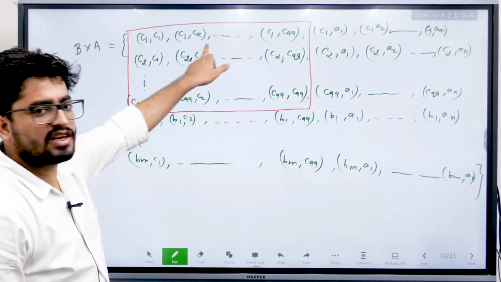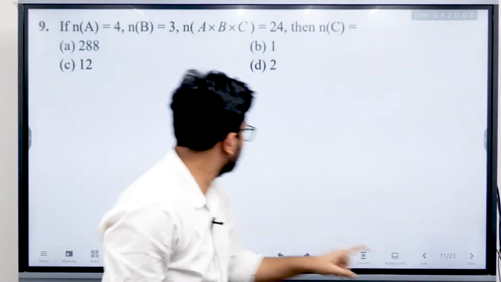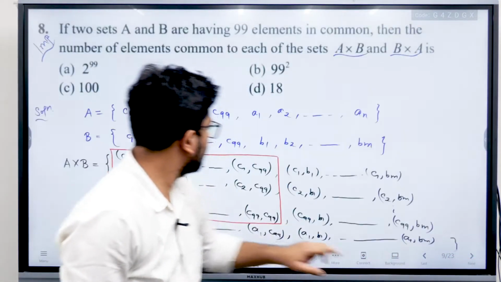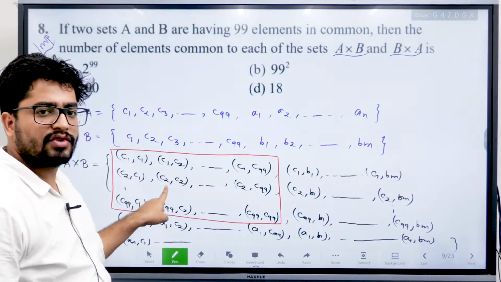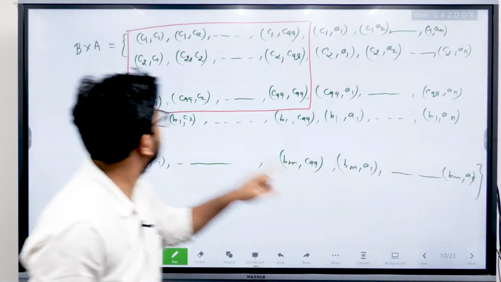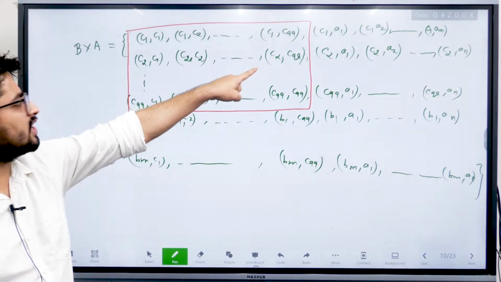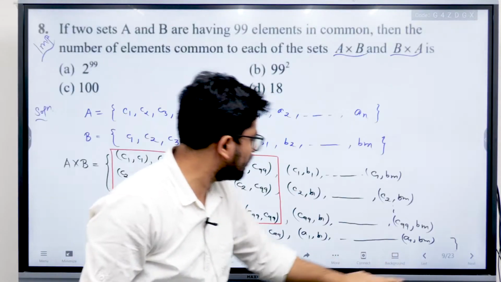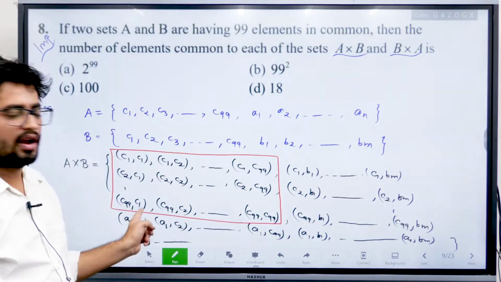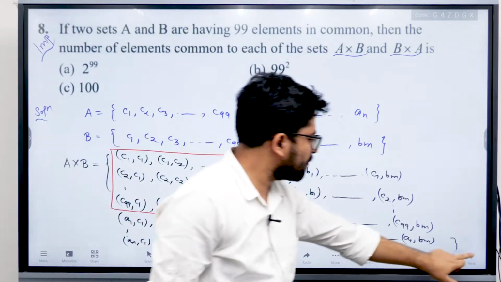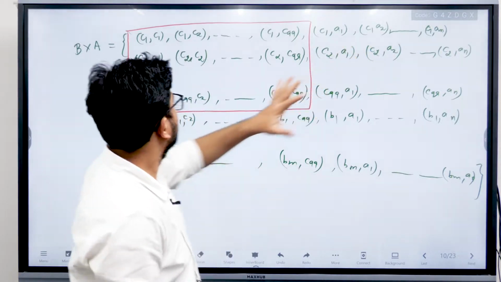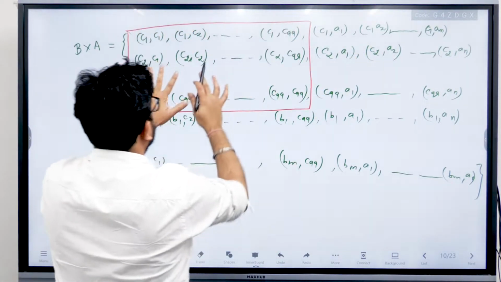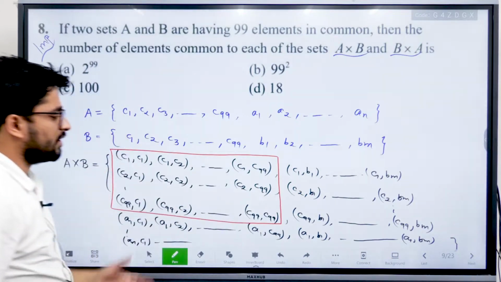C1 C1, C1 C2 till C1 C99, the same thing. Same for C2 C1 and so on till C2 C99, and then for C3 and this is still C99. After that here we have C1 B1 and here we have C1 A1. So these are not the equal elements. So we have this box, which is equal in A cross B and B cross A.